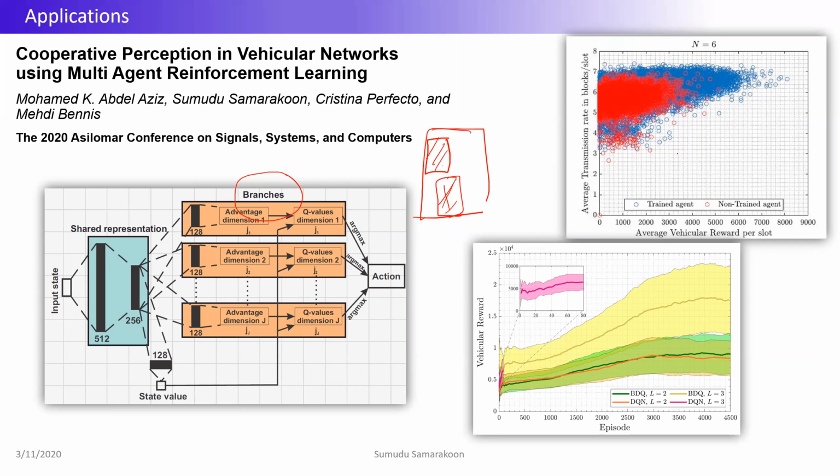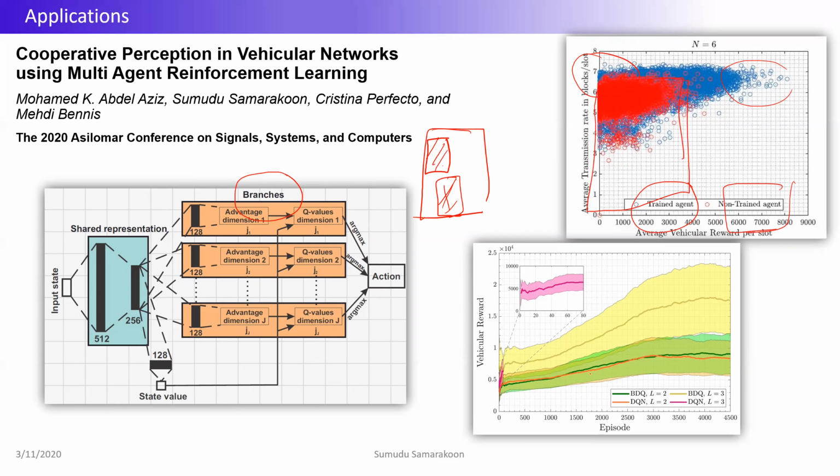From the results, it can be seen that when vehicles use training, it can provide relatively higher rewards for most vehicles and with higher rates, whereas non-trained agents are limited to higher data rates but very poor rewards.